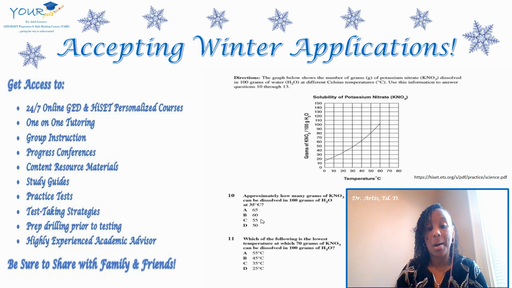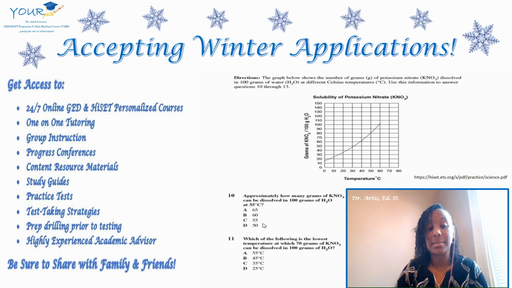And here we have our four options: A 65, B 60, C 55, and D 50. So now in order to answer this particular question, you want to make sure that you are familiar with your graph. So here we have temperatures at the bottom, and then we have grams of potassium nitrate in water on the side to our left.